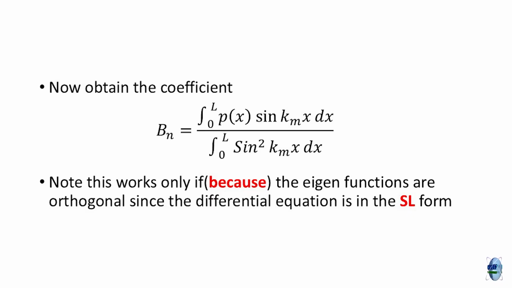That's why we have done all of this. We know that the eigenfunctions are orthogonal, period. Okay, now let us go back here and look at another so-called interesting feature.